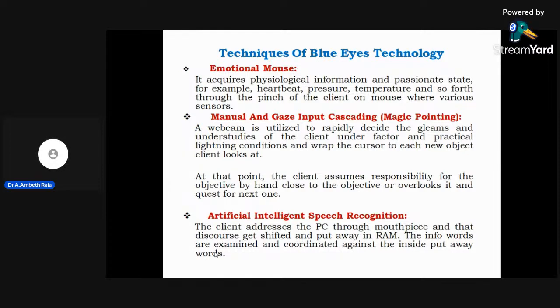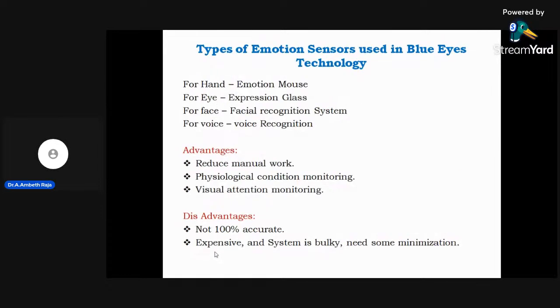Artificial intelligence and speech recognition is also an important Blue Eyes technology component. The user addresses the system through a microphone, and the speech gets filtered and stored in RAM. The input words are examined and matched against the internally stored words.